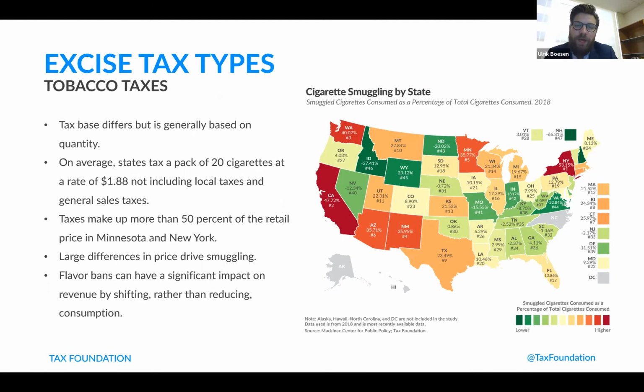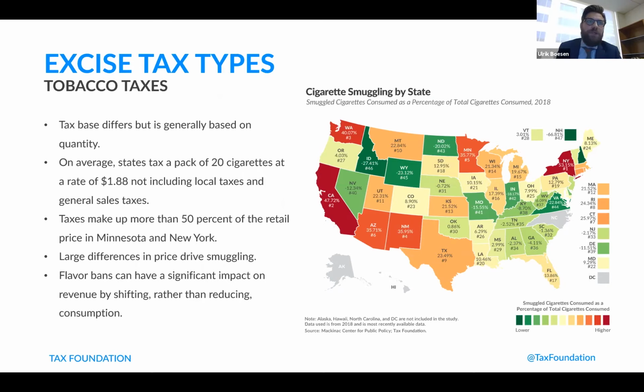So it's telling you the same story as the cigarette smuggling, which is a result of price discrepancies, that it's very hard to achieve this impact on behavior through the tax code if there's available substitute goods close by.